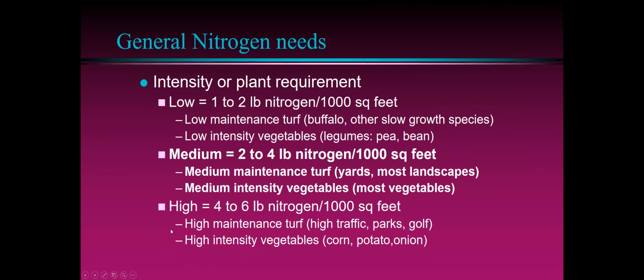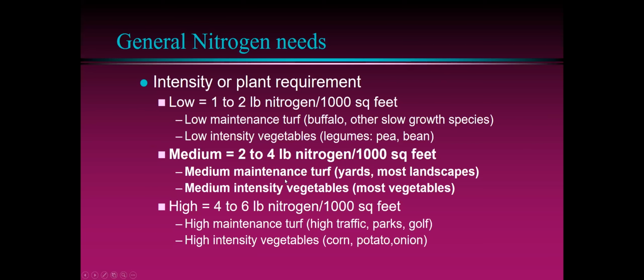If we categorize nitrogen need, for instance, among various plantings, we're going to focus on the medium area here. This would be most of our vegetables that we'd be growing in a garden setting or producing in a small farm setting. Most of our ornamentals and landscape plants will be in this category, requiring anywhere from 2 to 4 pounds of nitrogen per 1,000 square feet on an annual basis.